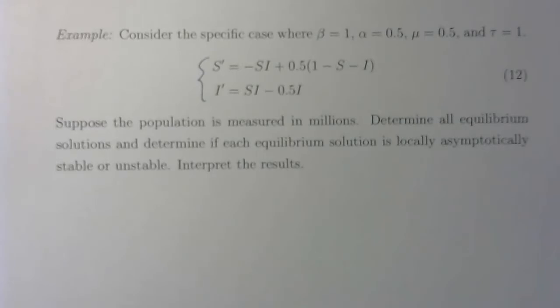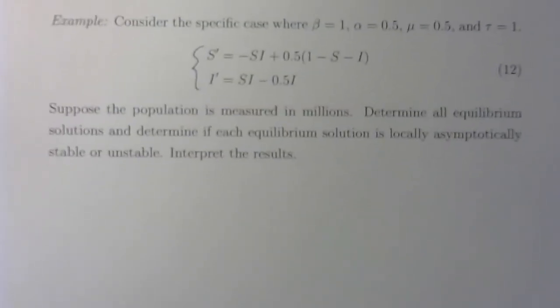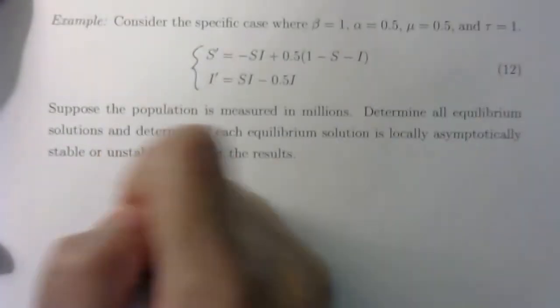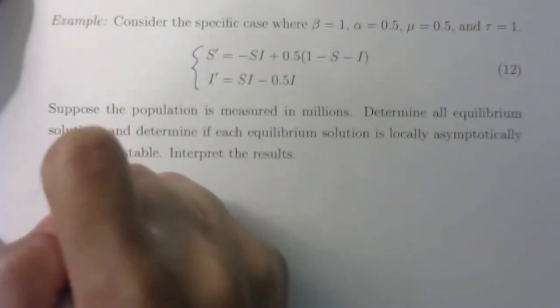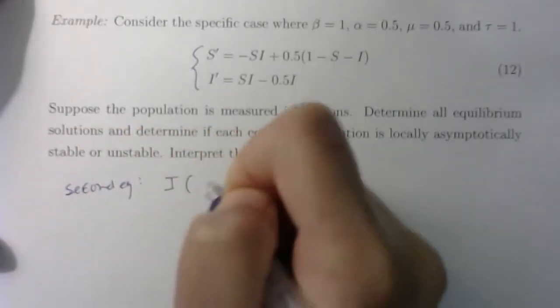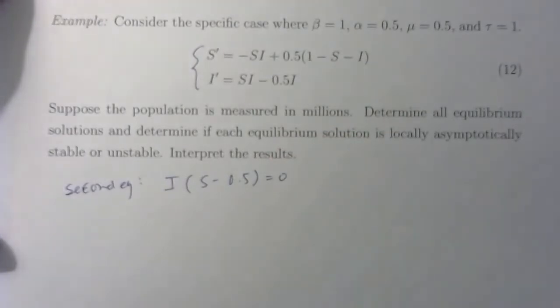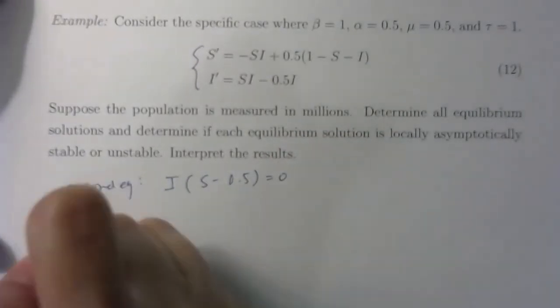Just like what we did for the example before, but now we can have some sort of physical interpretation for the results that we find. Okay, so the second equation is, if I factor out the I, I times s minus a half is equal to 0.